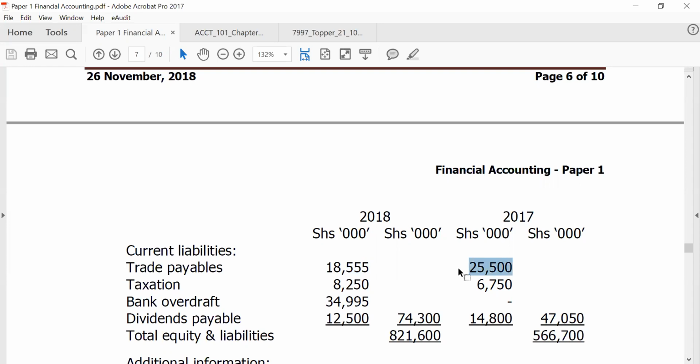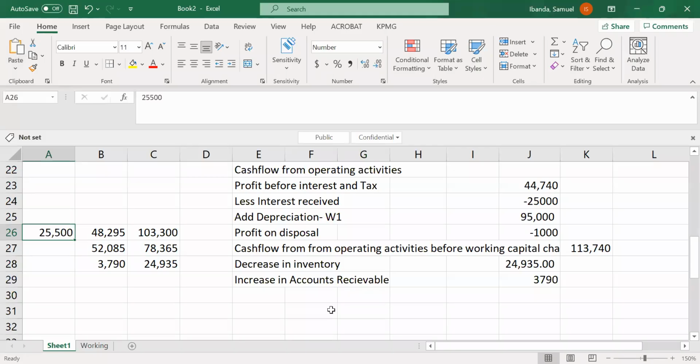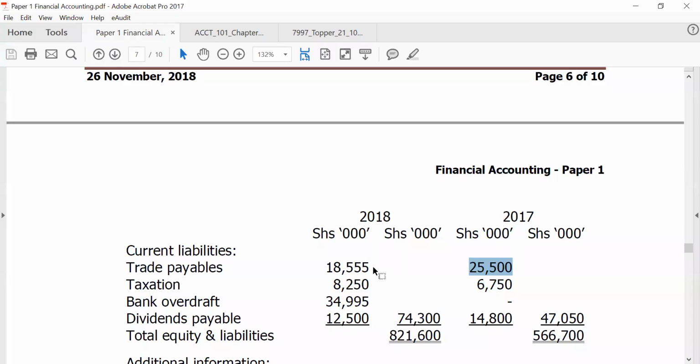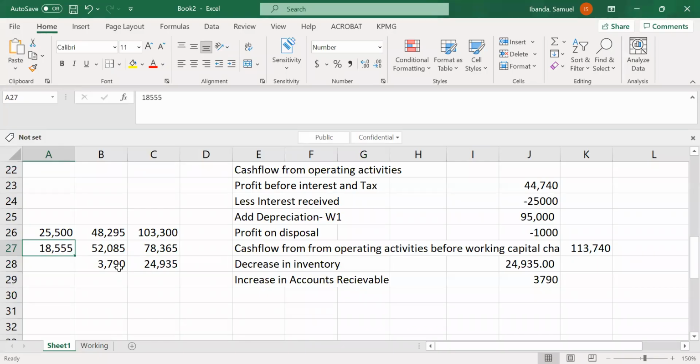So you get the difference between these two values, and then you should be able to include that as a cash outflow. In case it increased, means that you got more money during the period, so it would basically be a cash inflow, but this case is a cash outflow.